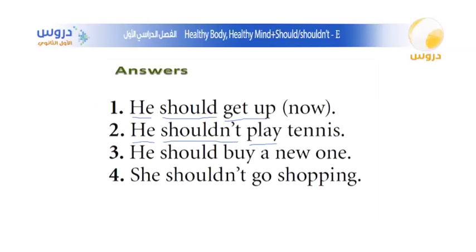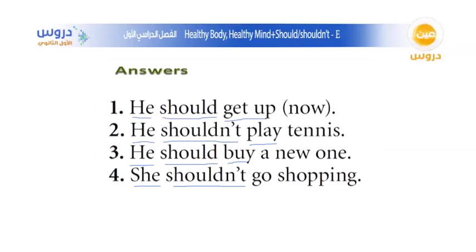The third one. Where's the subject in the third answer? The subject is he. Very good. Where's the auxiliary verb? Of course, it's should. Perfect. And what's the main verb? Exactly. That's buy. In the fourth answer, that's she, the subject, and shouldn't is what?